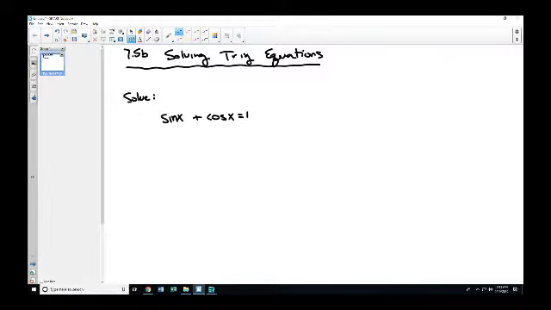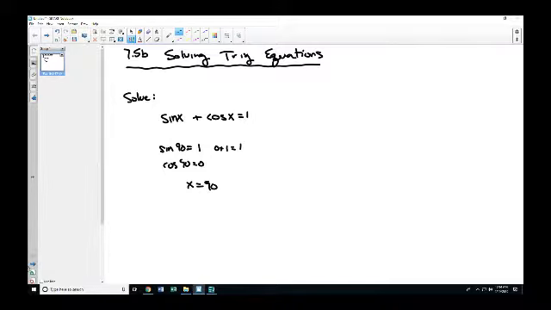Okay, so sine at 90 is 1. Cosine is 0. 0 plus 1 is 1, okay, so x equals 90 works.